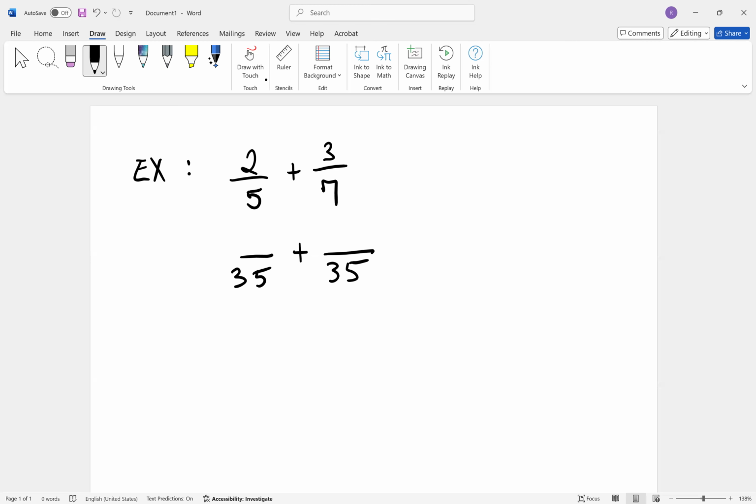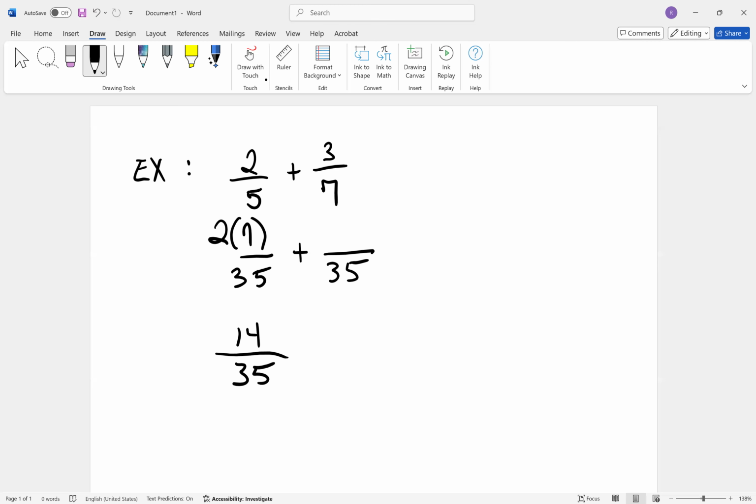So whatever we multiplied the 5 by to make it a 35, we have to do the same thing to the 2 in the numerator. And 2 times 7 is going to give us 14 over 35. So we multiply both the numerator and the denominator by 7, right? So 14 over 35 is equivalent to 2/5.